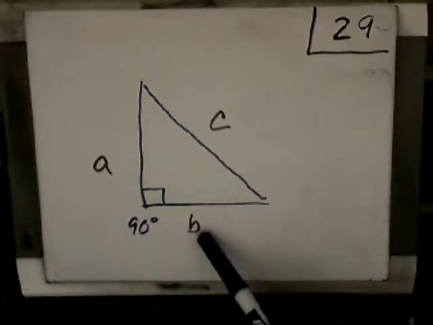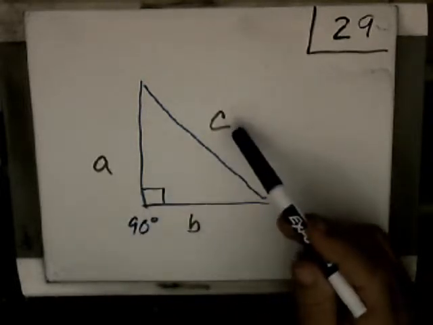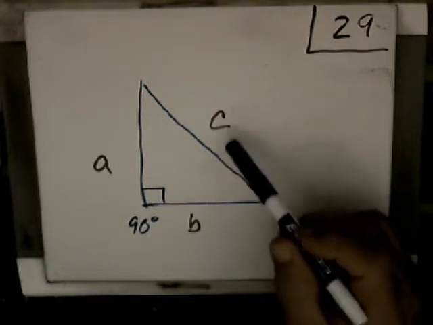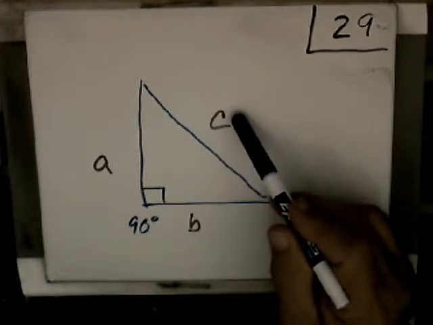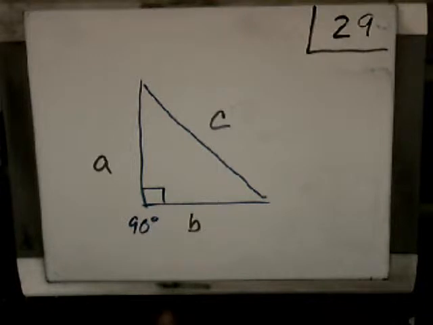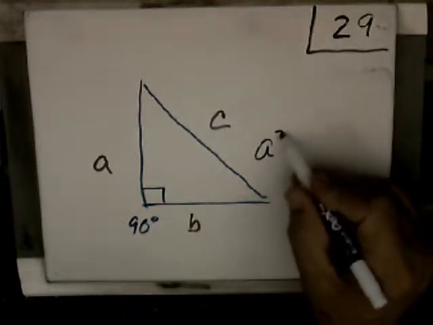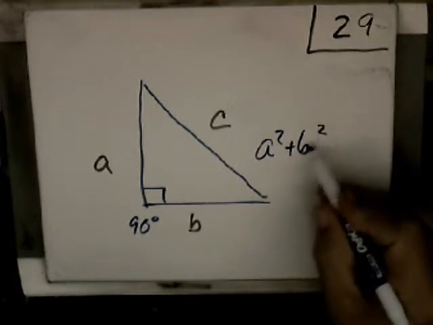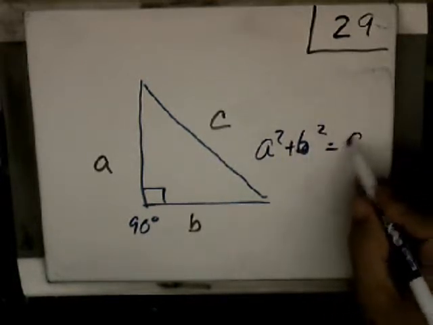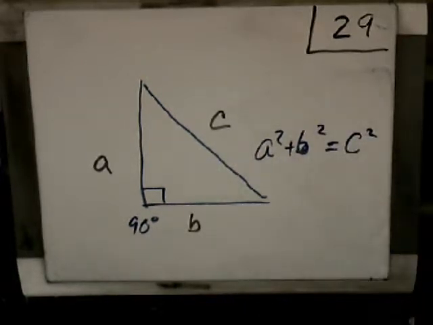Now you can call this A and B or B and A, but in terms of the Pythagorean formula, this will always be C. So the general formula is A squared plus B squared equals C squared. The Pythagoreans found that in right angles or rectangles, the diagonal across had this relationship to the sides.